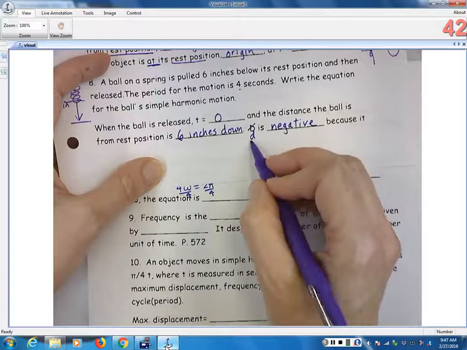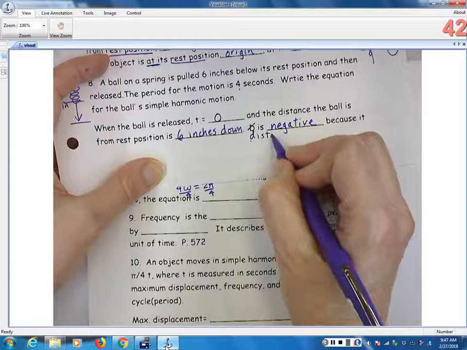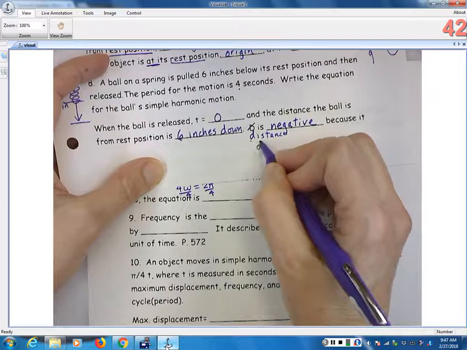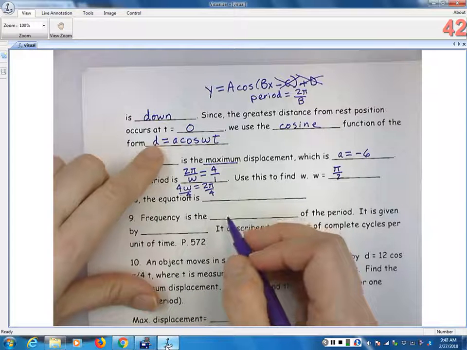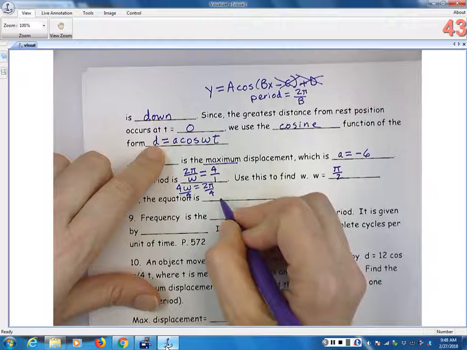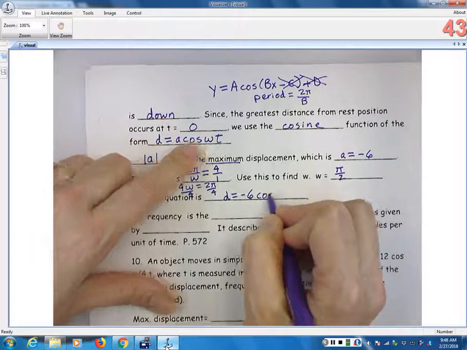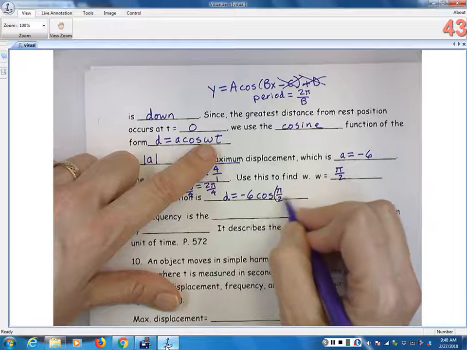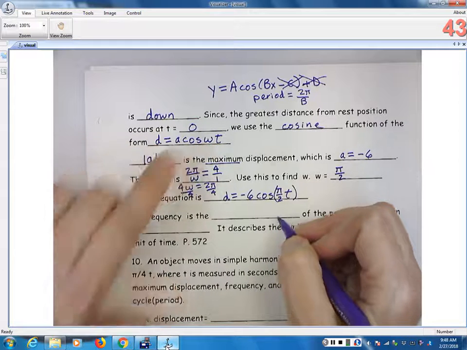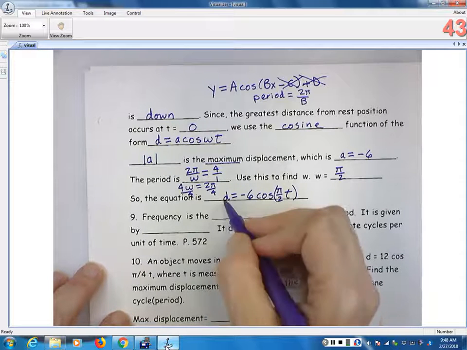Distance is negative. So the equation is d equals negative 6 cosine of (omega is pi over 2) times t. Okay, so that's our equation.